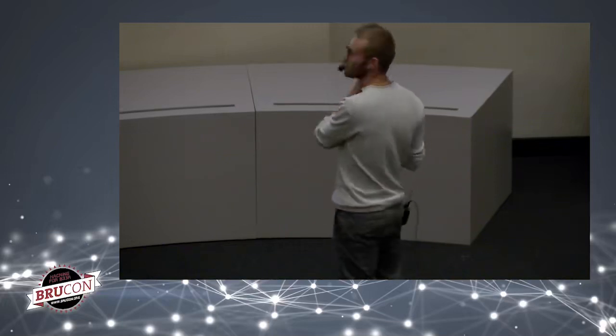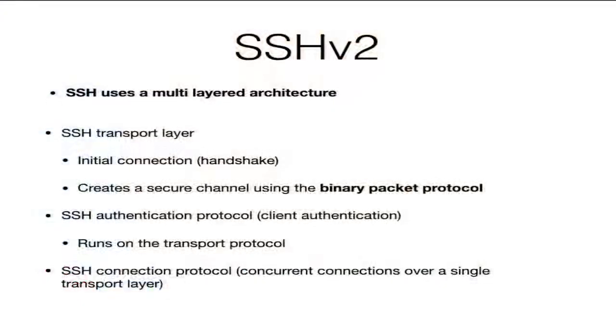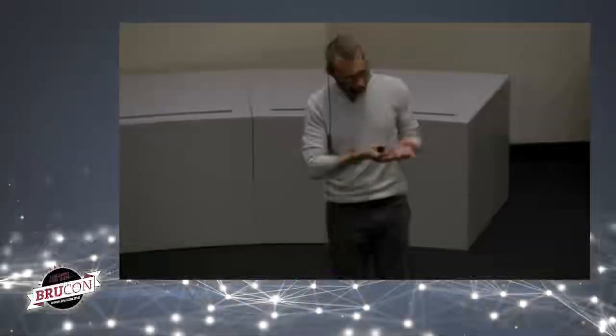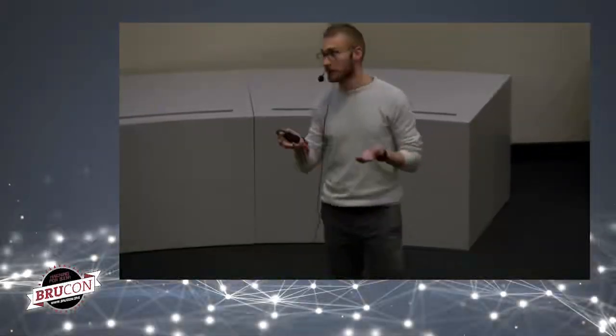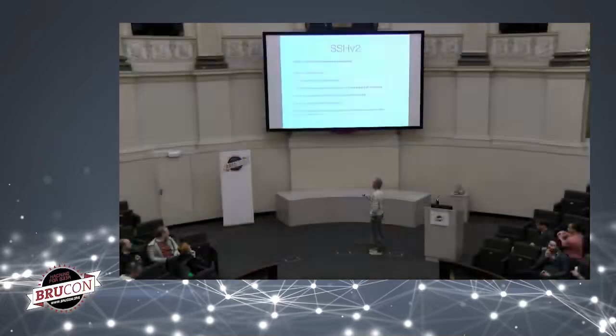So SSH v2, how does that specific application construct a secure channel? SSH v2 is kind of interesting, because SSH is a multi-layered architecture, as in there is not just, like TLS, a handshake protocol and a record protocol. They use a wide variety of protocols, they use 3.